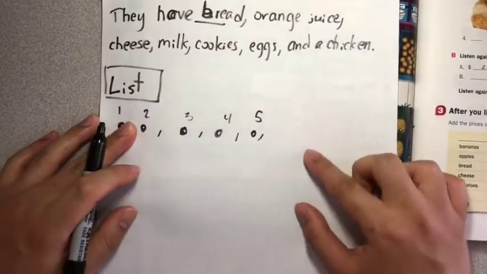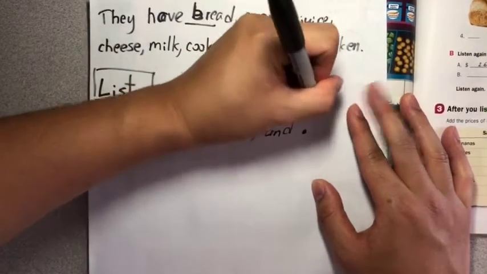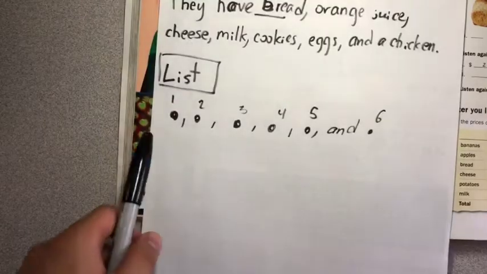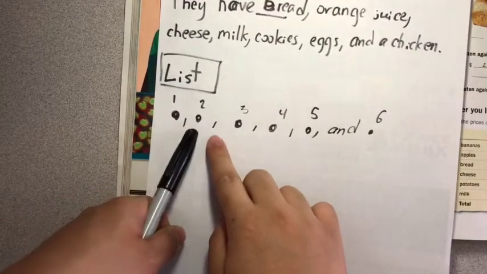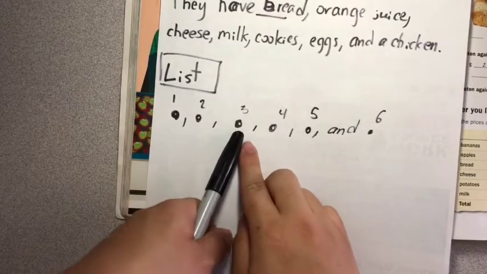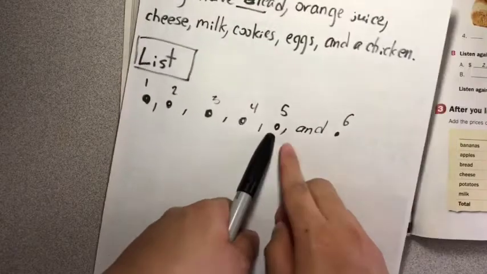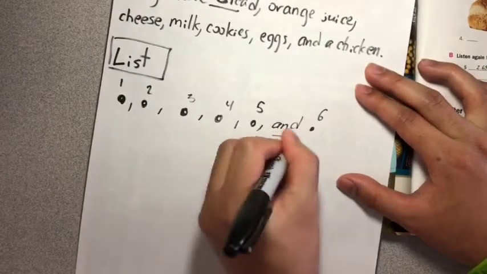And before the last word, we say and. This is a list. We say the first thing, and then we write comma, the second thing, comma, the third thing, comma, the fourth thing, comma, the fifth item, comma, and before the last one, we write and.